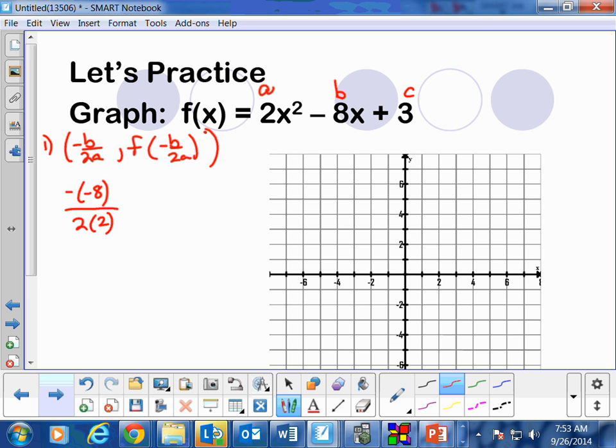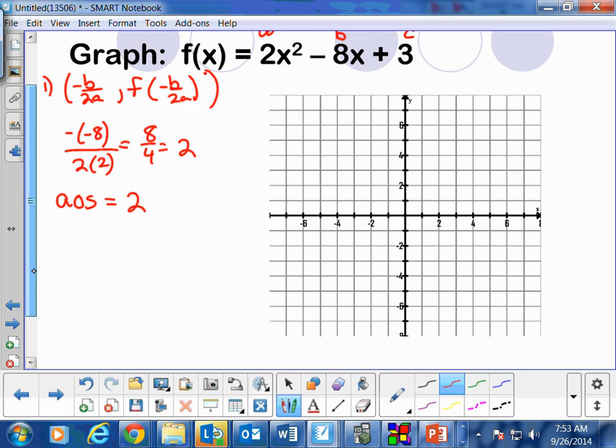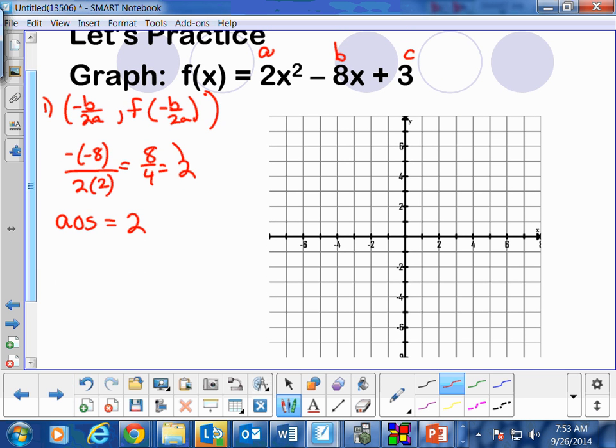So this is going to result in an 8 over 4, which means I have 2, which means that my x, well, first of all, my axis of symmetry, and I'll write it here, AOS is going to be 2, and my x value is actually going to be 2 as well. So in this case, I'll have 2 down here, but I don't want to write my points yet, but this is going to be this value that's going to go right in here.